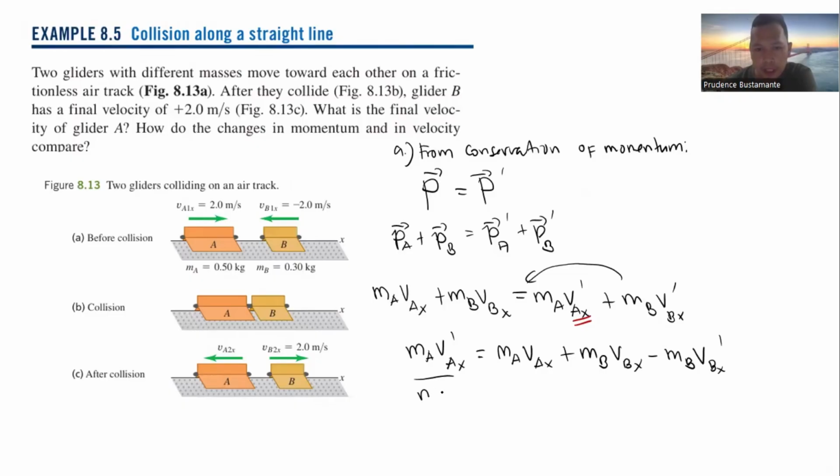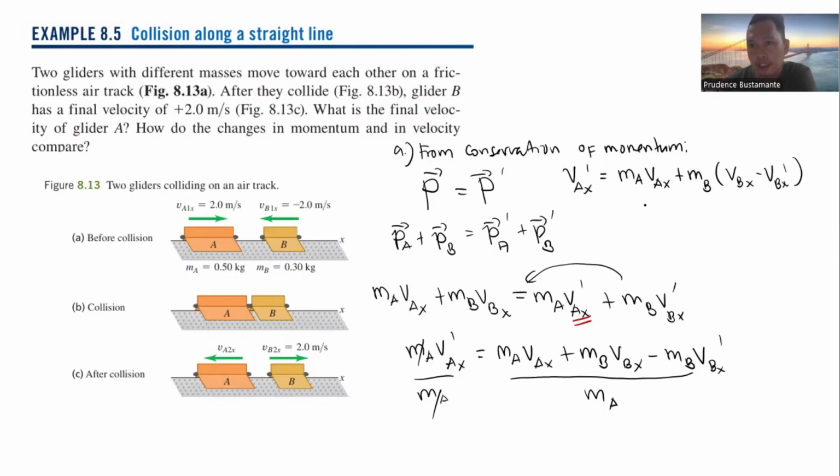Then divide by MA. So our final equation: the final velocity of A equals the mass of A times the initial velocity, plus the mass of B times its initial velocity, minus the mass of B times its final velocity, over the mass of A.